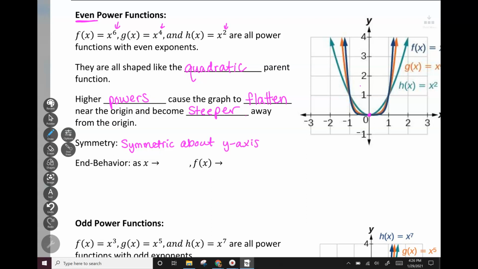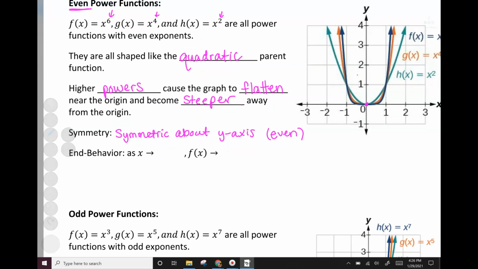We've already talked about graphs that are symmetric about the y-axis, and we called them even. Well, it makes sense because now we're looking at even power functions with an even exponent, and it turns out that they are even. They are symmetric about the y-axis. So not a big surprise.